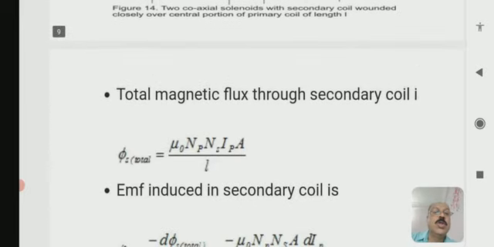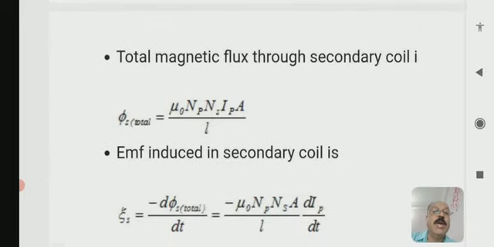The total magnetic flux through the secondary coil is phi S, equal to mu naught NP NS IP A divided by L, where A is the area.